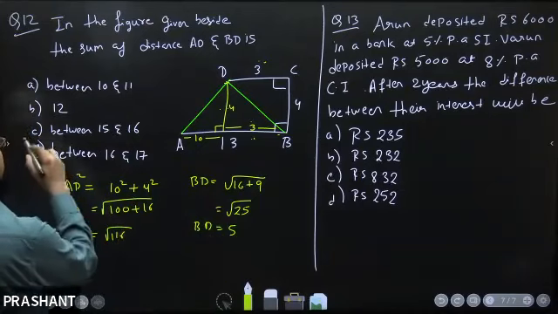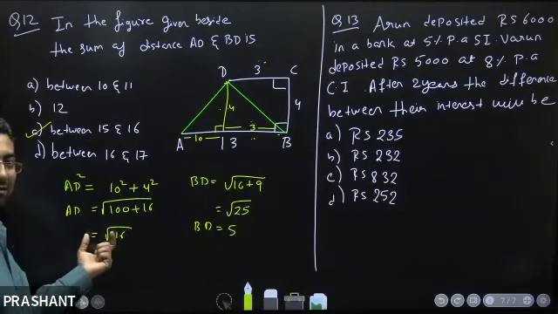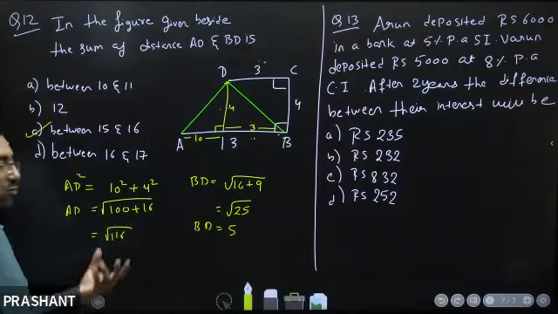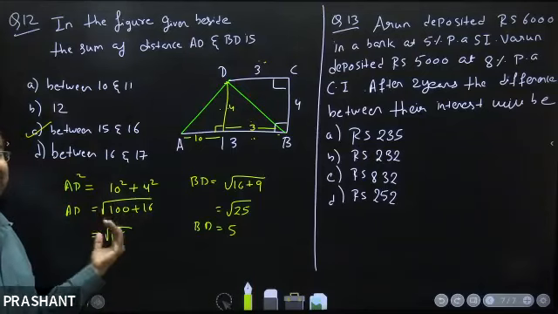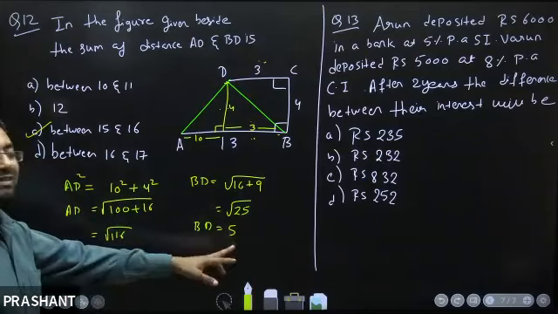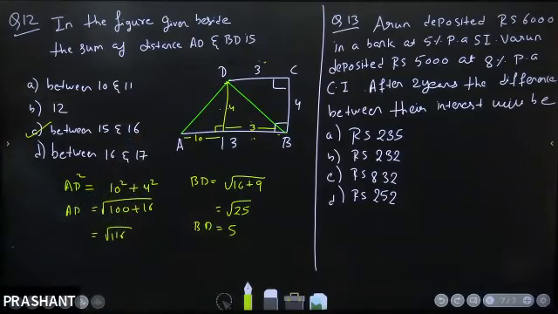So definitely the answer will lie between 15 and 16. Correct? Because this cannot be 11, because the next perfect square is 121. So this should be between 10 and 11, and this is exactly 5. So the result will be between 15 and 16. Correct?